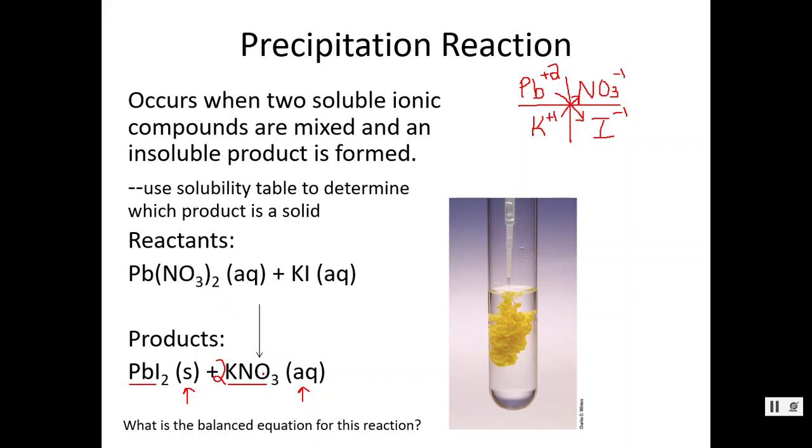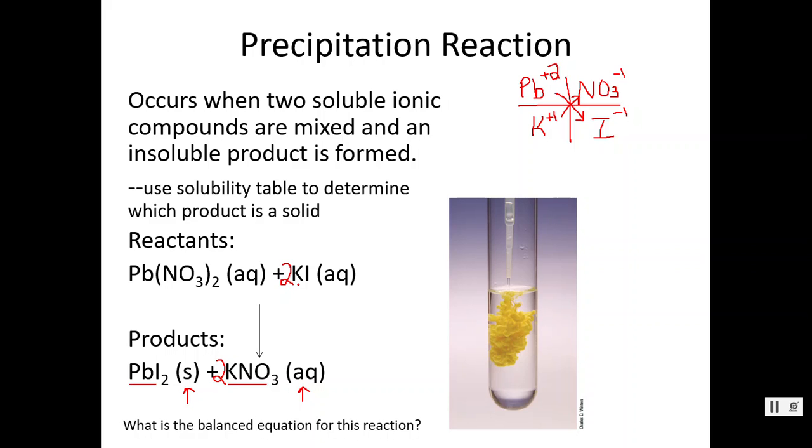So now my nitrates are balanced, but I've got two potassiums now on my product side, so I better put a 2 in front of that KI. And that works out great because that also balances our iodides. And each lead is also balanced. We have one lead on the reactant side and one lead on the product side. So that is our balanced equation for this reaction.